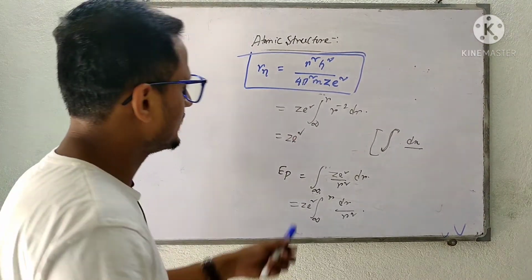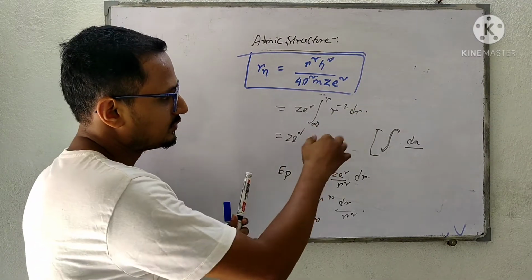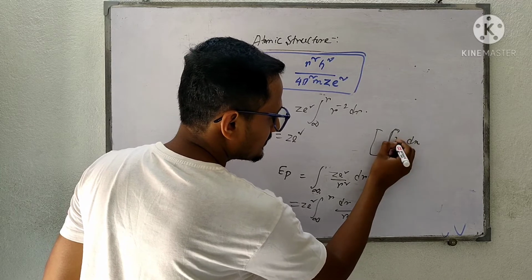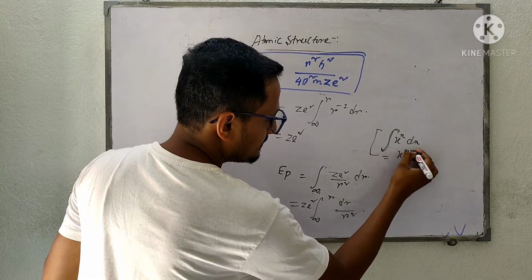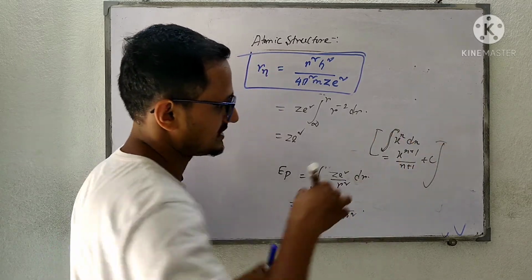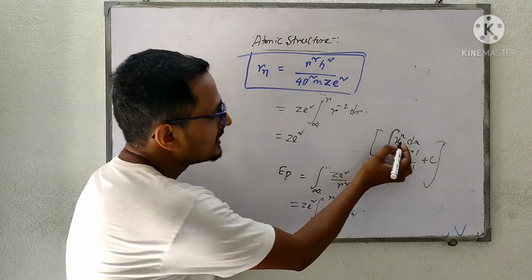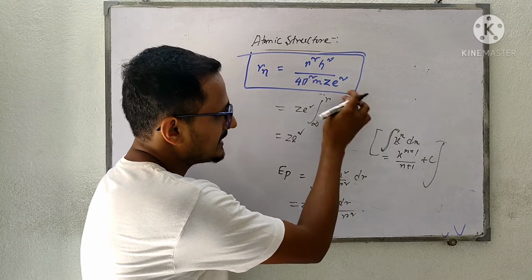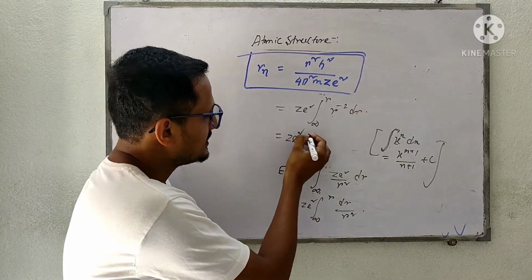You are getting infinity to r, r to the power minus 2 dr. So what is the rule actually? If the function is dx and you are integrating x to the power n, then the rule is x to the power n plus 1 by n plus 1 plus c. This is the rule of integration. Now we will follow this one. Here instead of x, r is written, instead of n, minus 2 is written, and instead of dx, dr is written. So we have to integrate here.